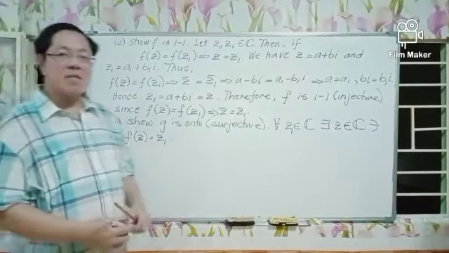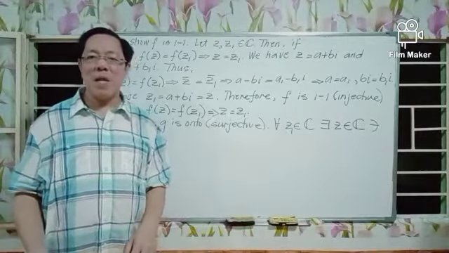And again, we write c as a complex number of the form a plus bi.